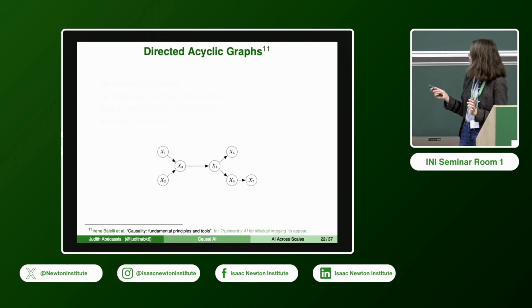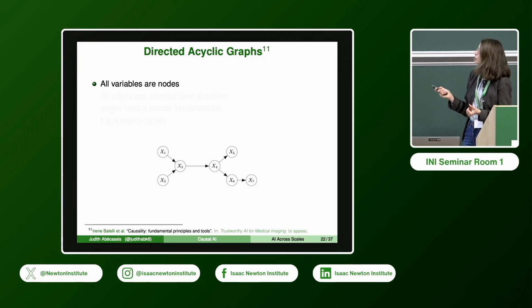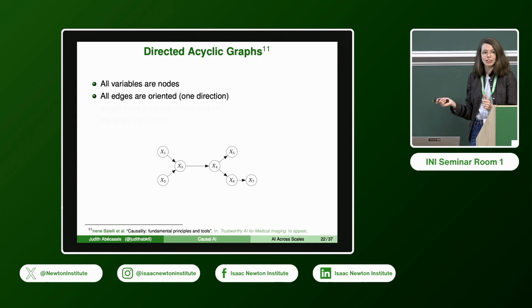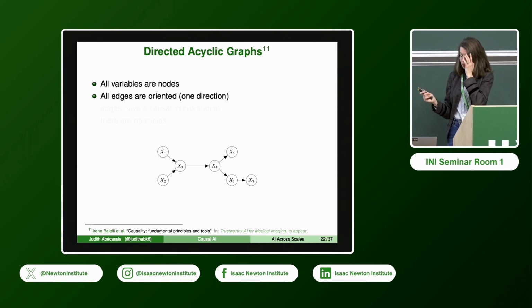So what is it? It's a mathematical object where I represent all the variables that I consider interesting and important as nodes in the graph. The edges are oriented and reflect some causal relationships between the variables.